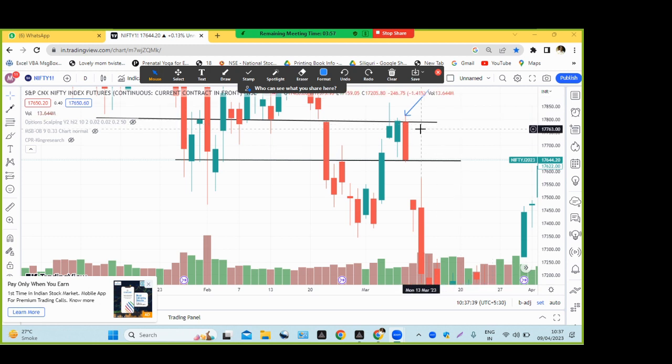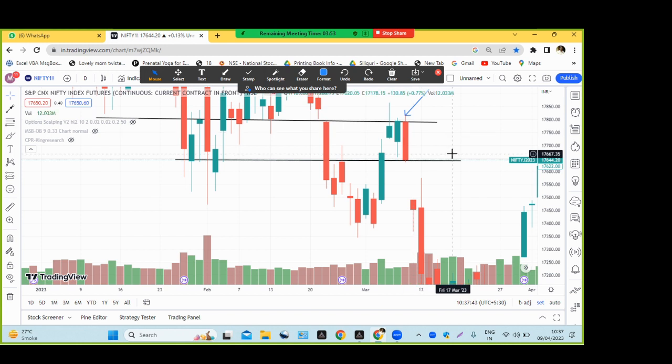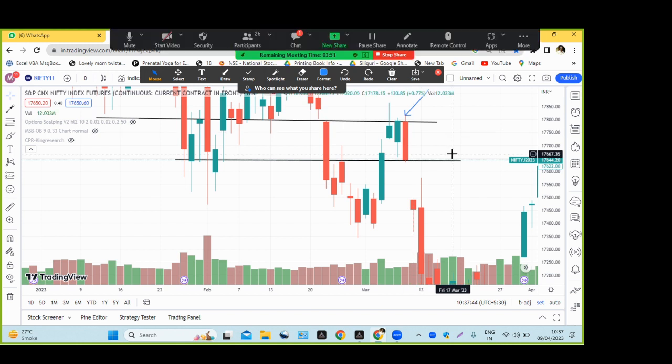Right. So you have a choice. There are two choices. You hedge. For example, you buy a put over here. What is the level? This is 17,600. So as if you are buying an in-the-money put, that will be 17,700.